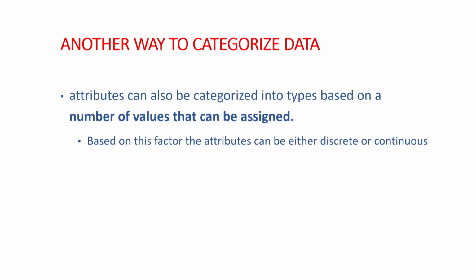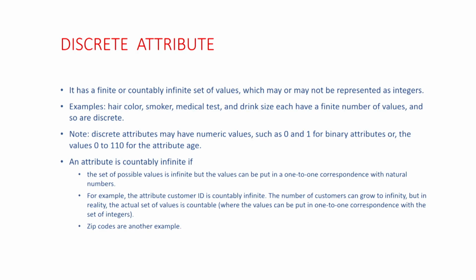There is another way of categorizing data, that is discrete versus continuous data. Binary is one example of a discrete attribute. A discrete attribute is one that has values that can be mapped to a countably infinite set of values or a finite set of values, or we can say to integer values.